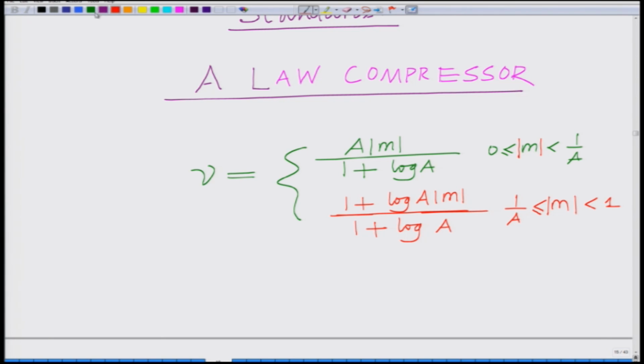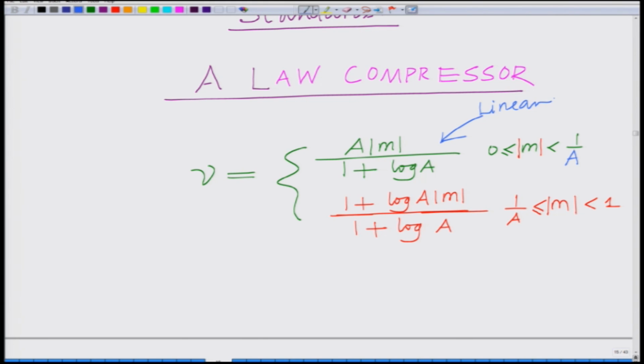Now, we can see in this A law quantizer that initially, for 0 less than or equal to magnitude m less than 1 over A, the characteristic is linear.